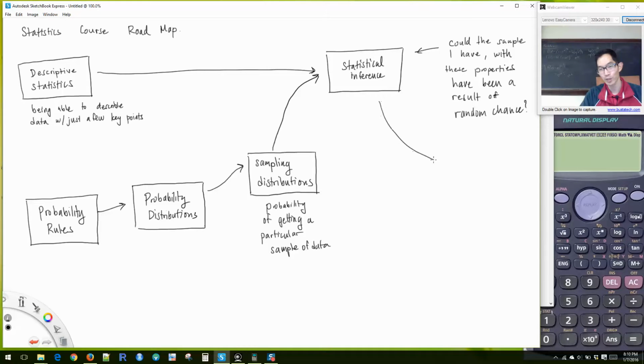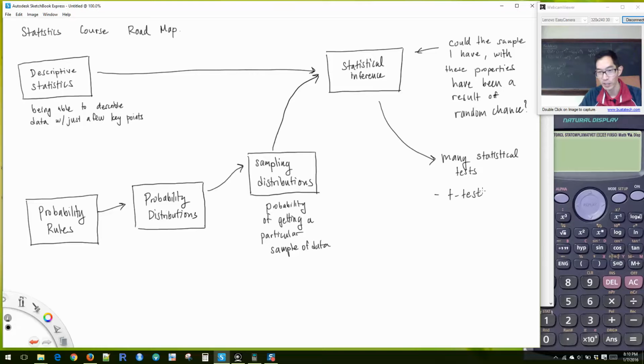We will learn many statistical inference tests. After the midterm, we're going to cover all of these different tests.